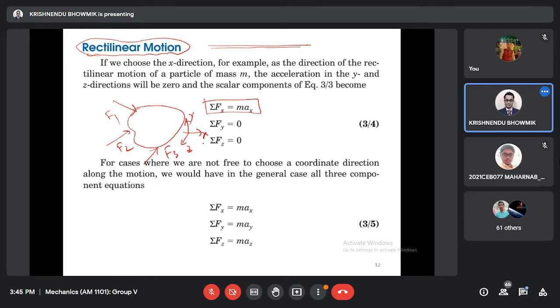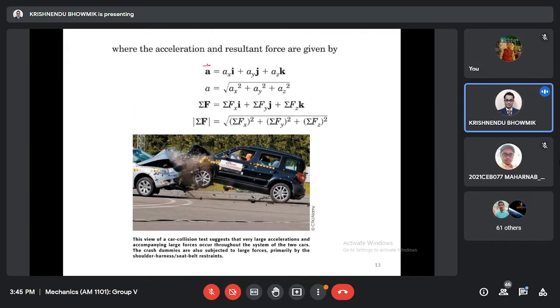Then we expect acceleration in all x, y, and z directions, and we can write this acceleration component-wise as ax, ay, az, or as a magnitude.